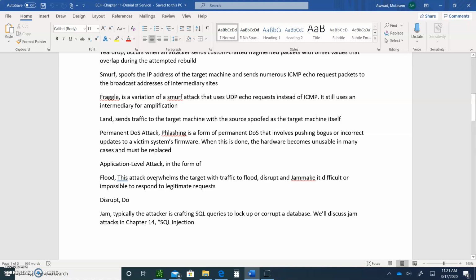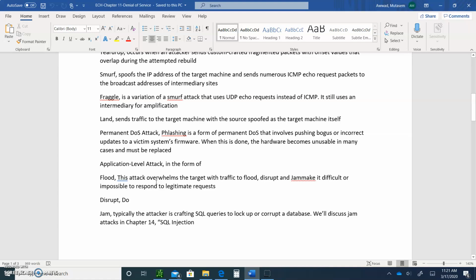Flashing is when you accept a corrupted firmware update. So somebody sends you an update to update your firmware for your access point, or for anything, for an application. And so when that happens, they corrupt either your application, or your access point becomes really useless.